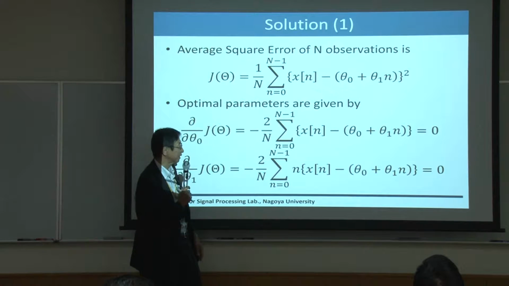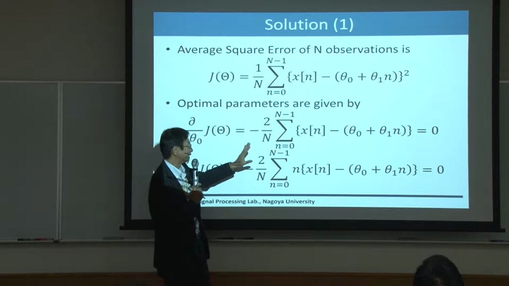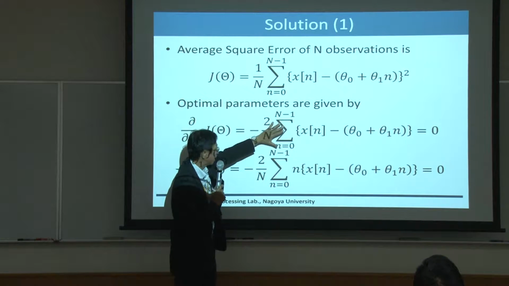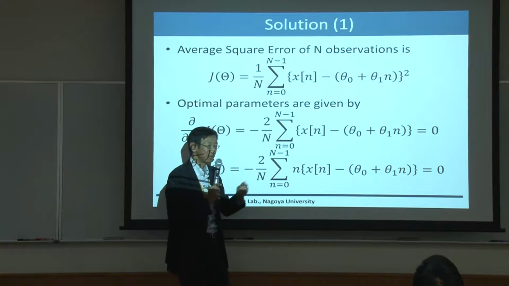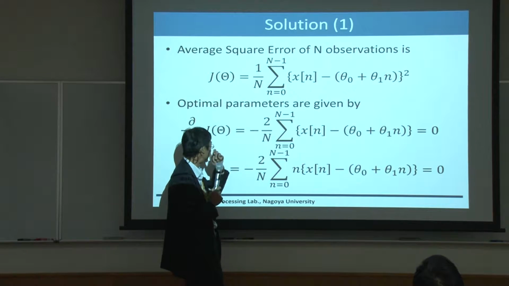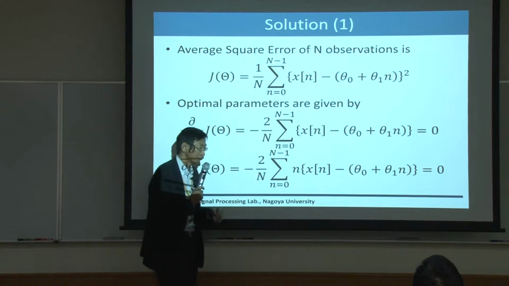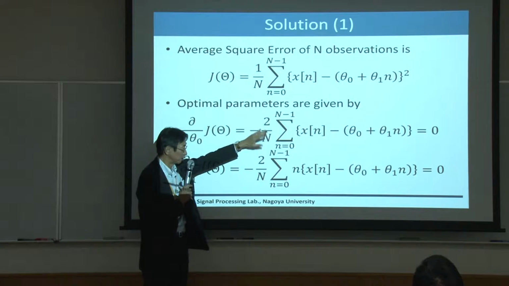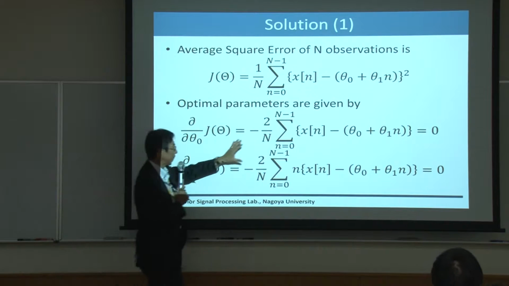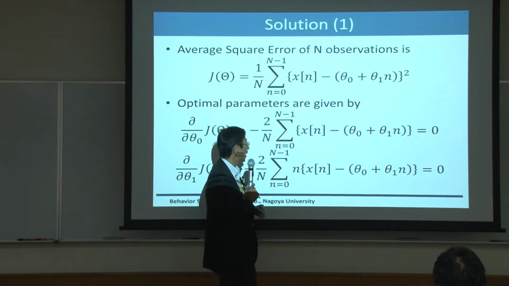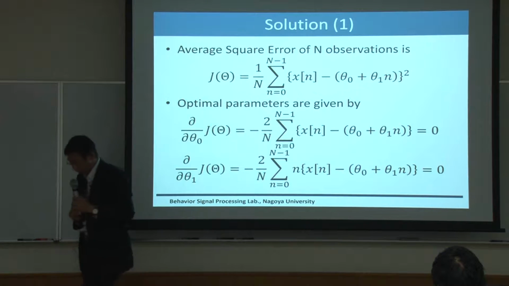But mathematically, the order of taking the sum and taking the derivative is interchangeable. So you can first calculate the derivative and then calculate the sum. That is also true. By using such a property, we can very much simplify the equation.